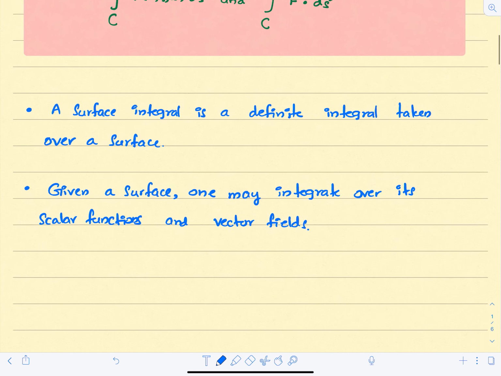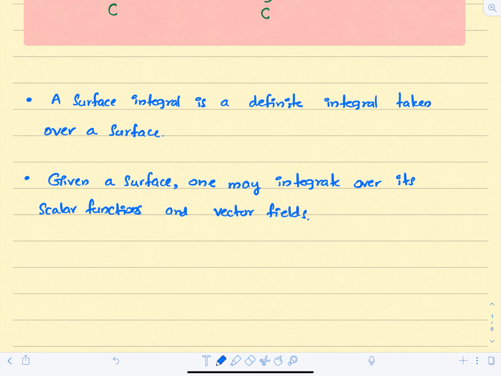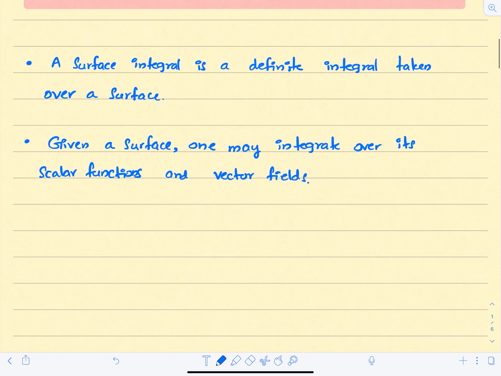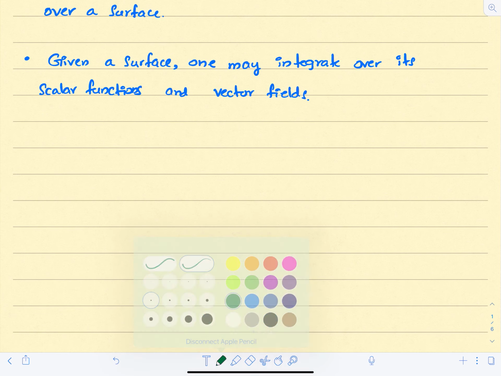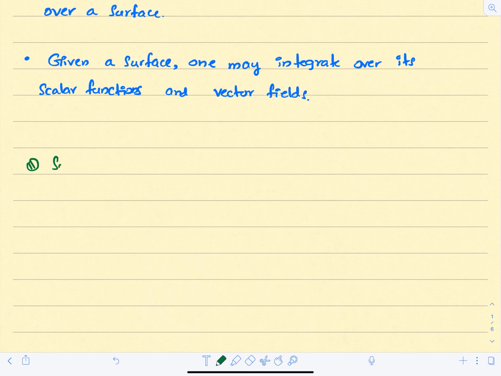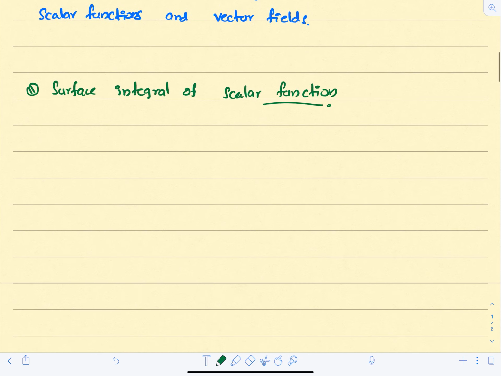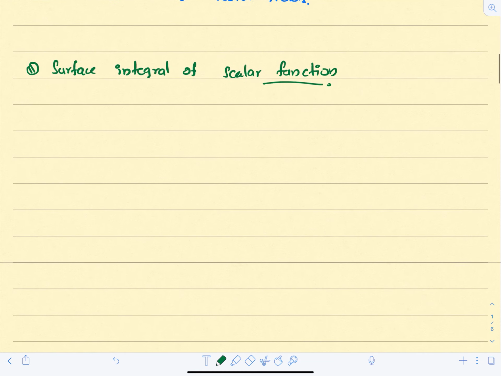So basically the integrand can be a scalar function or a vector field. So first we are going to consider the surface integral of a scalar function. Let's do that. Surface integral of a scalar function.